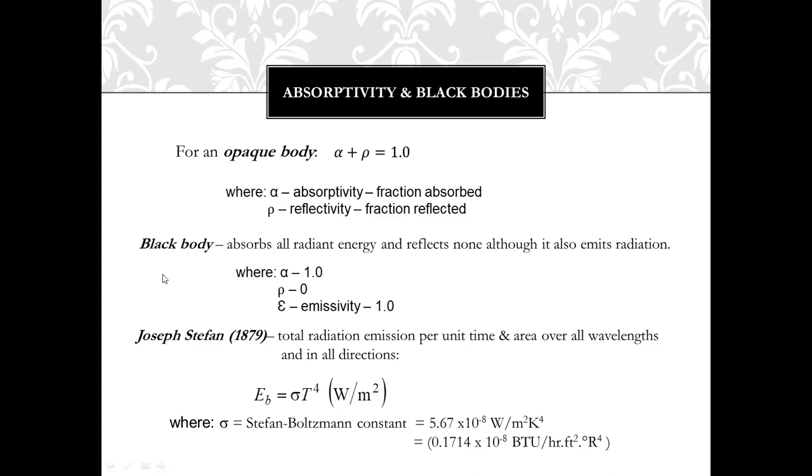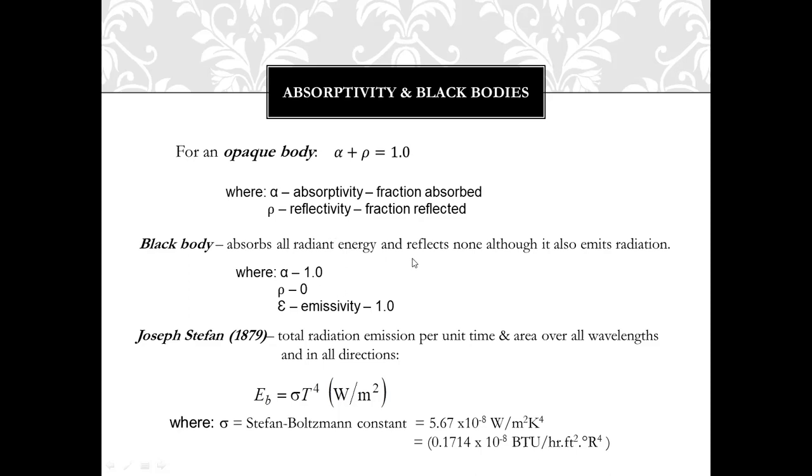Now, what about a black body? A black body absorbs all radiant energy and reflects none, although it also emits radiation. It absorbs all the energy it is subjected to and reflects none of it. Its alpha, if it absorbs all radiant energy, is 1.0.